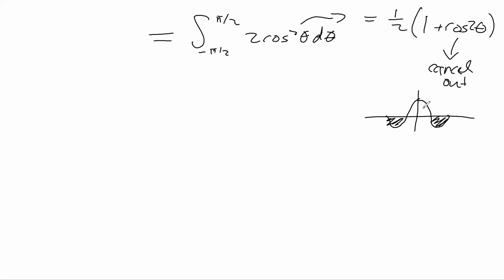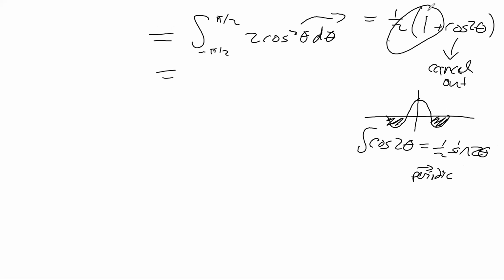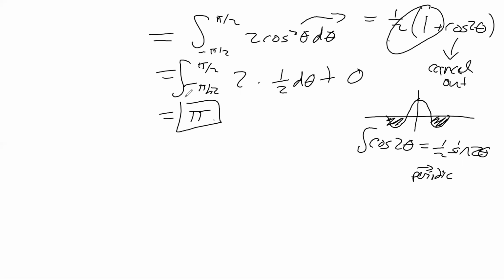So those will cancel out. I mean, you could do the integral, and this will be periodic, right? So this will drop out. So you end up with just the constant term. So this is the integral from negative pi over 2 to pi over 2 of 2 times 1/2 plus 0. So we end up getting pi. So that's the volume of the cylinder.